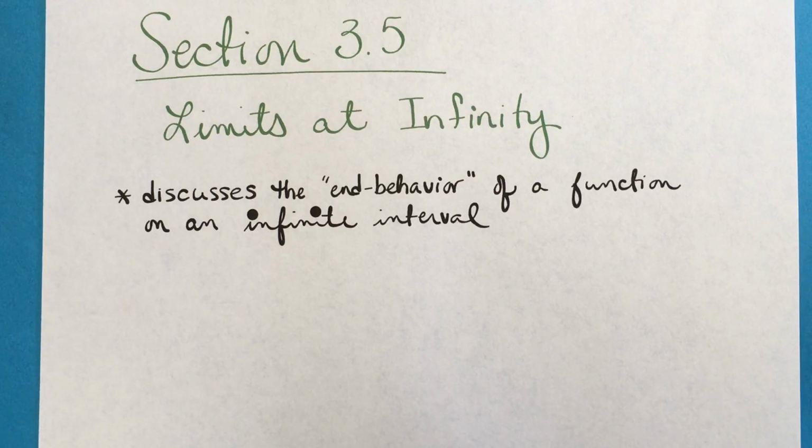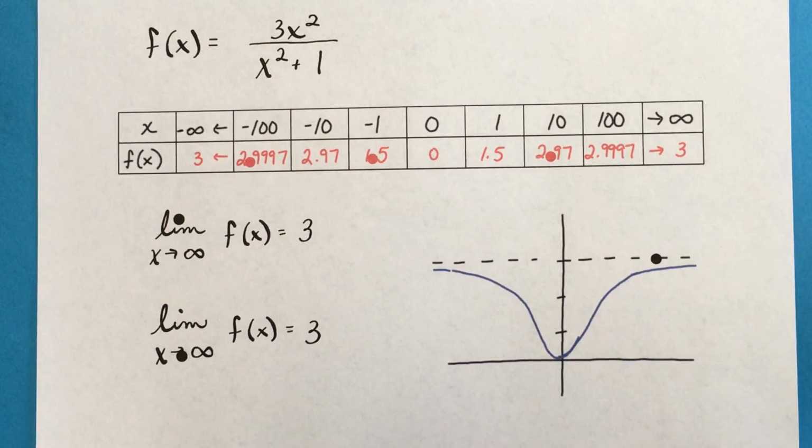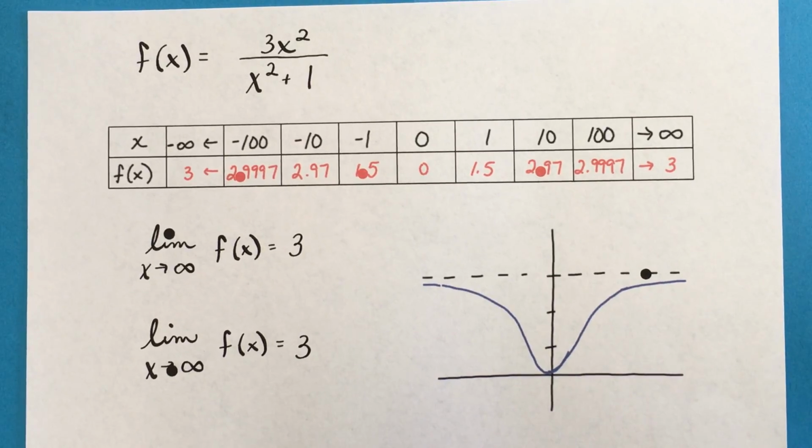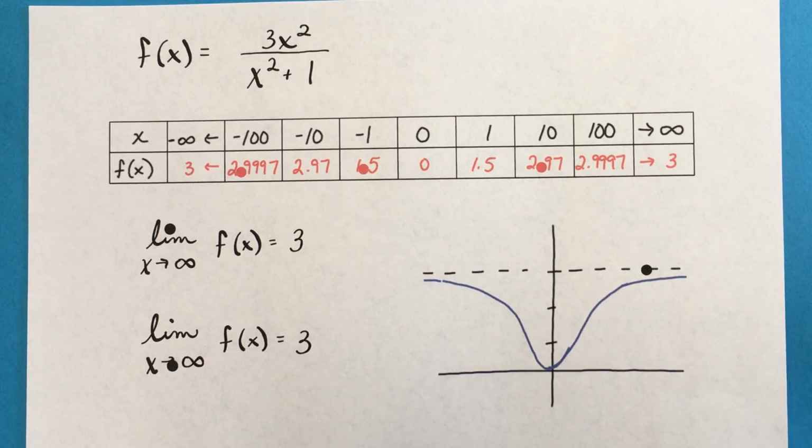All right, so an example of what this would mean, and I already have everything filled in here just to give you an idea of what limits at infinity means. Let's say that you have the function 3x squared divided by x squared plus 1.